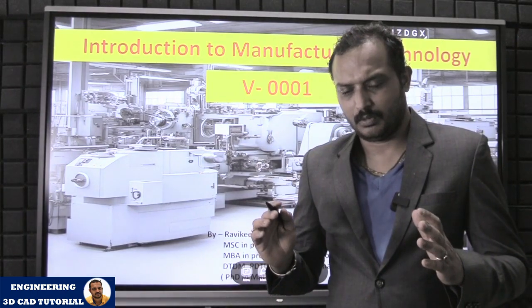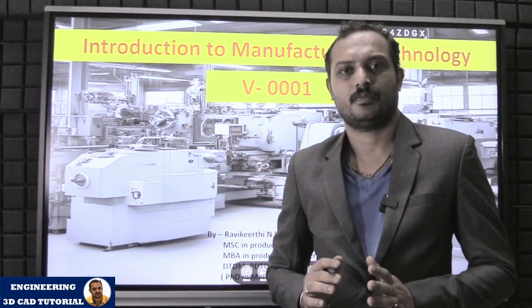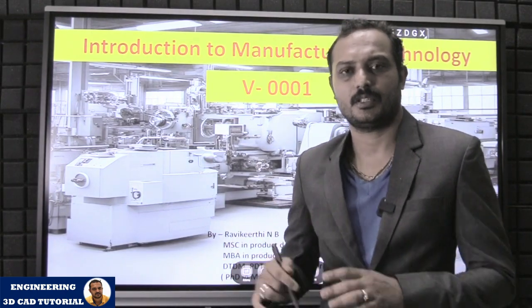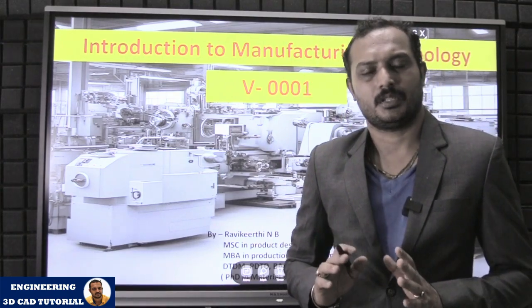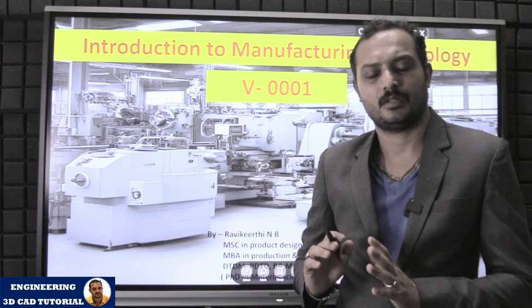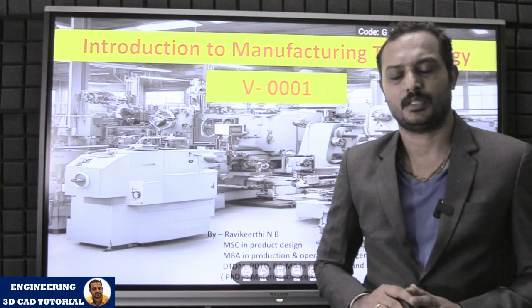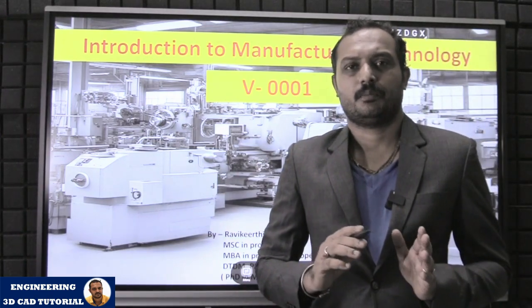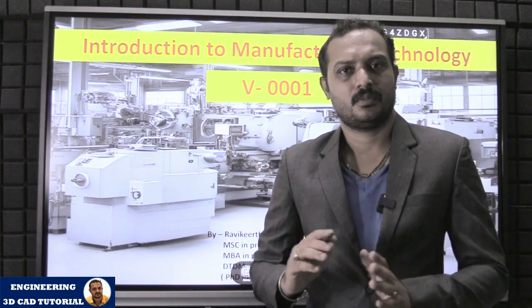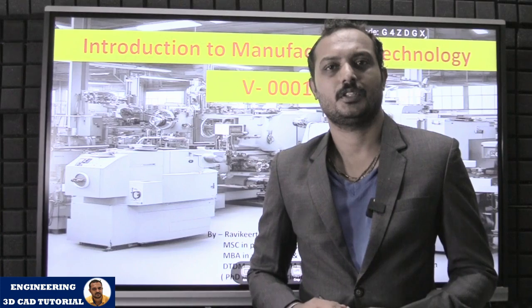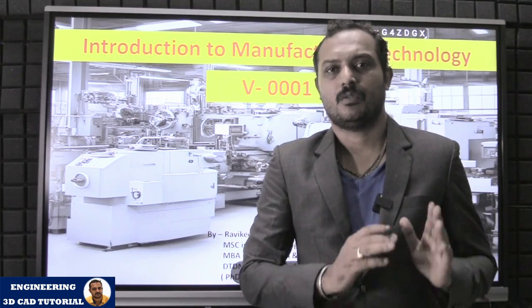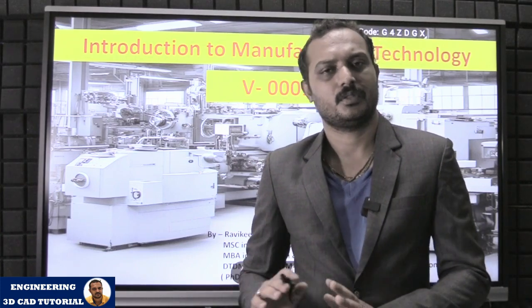So let us move to the introduction to manufacturing technology. Let us discuss what is manufacturing. In simple words, we can define it as the process of transforming raw material into finished goods. So it's changing one form to another form. This is very simple.